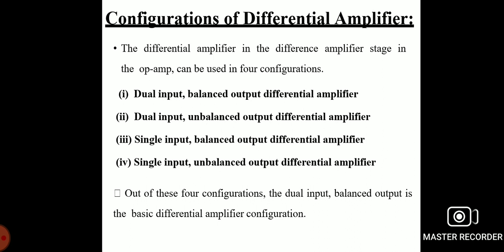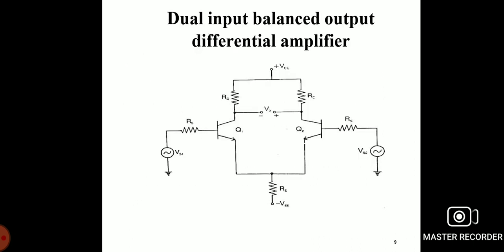The second one is dual input unbalanced output. The third one is single input balanced output. The fourth one is single input unbalanced output. Out of these four configurations, the dual input balanced output is the basic differential amplifier configuration. So we have to see the dual input and balanced output differential amplifier.